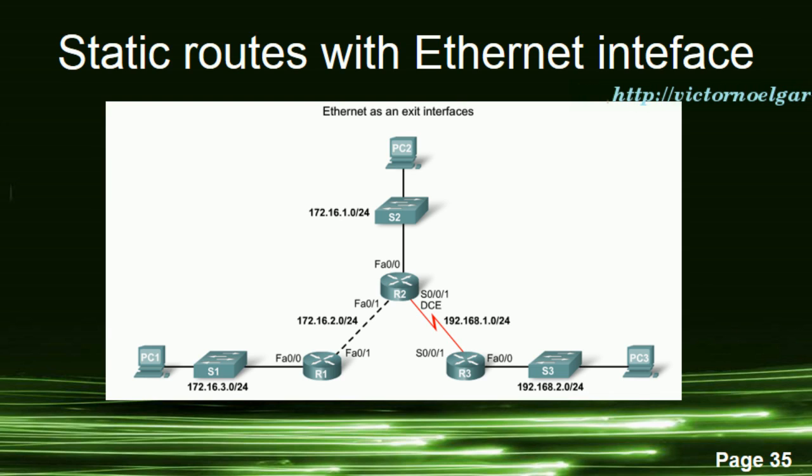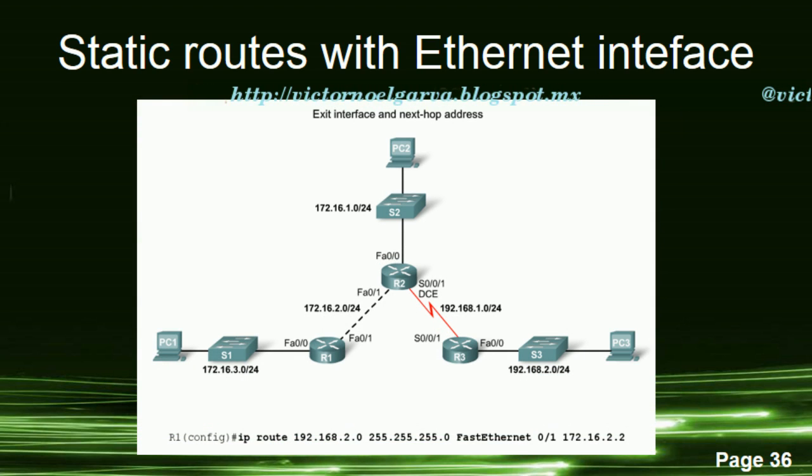R1 receives the ARP reply and adds the 172.16.2.2 IP address, and the associated MAC address, to its ARP table. The IP packet is now encapsulated into an Ethernet frame with the destination MAC address found in the ARP table. The Ethernet frame with the encapsulated packet is then sent out the Fast Ethernet 0/1 interface to router R2.